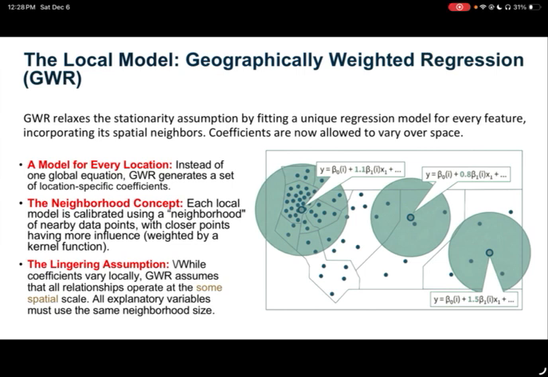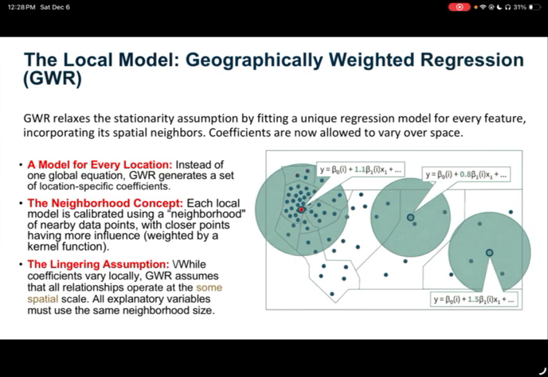What does that mean? It means that in GWR, we will do the regression for each data point.